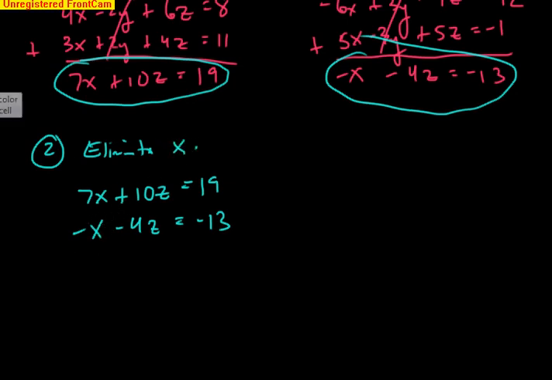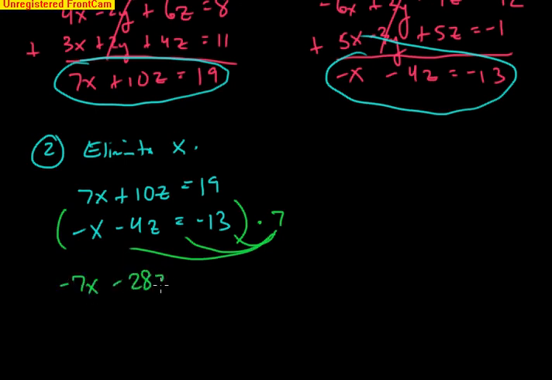This x in the bottom I can make become anything. So take this bottom equation and multiply by a 7. That'll make this a negative 7 to counteract with the positive 7 up top. So we get a negative 7x, a negative 28z, and a negative 91. The top equation remains the same: 7x plus 10z equals 19.